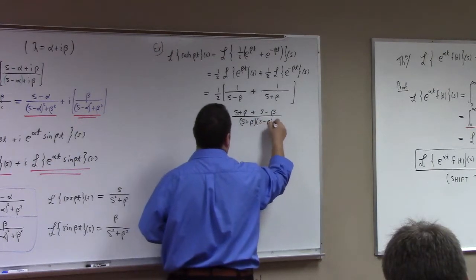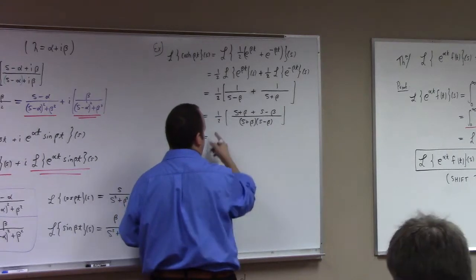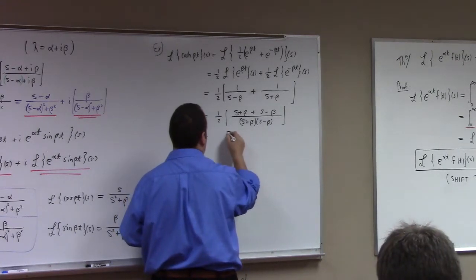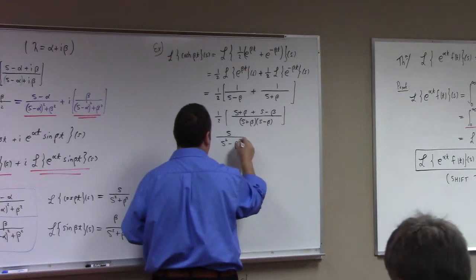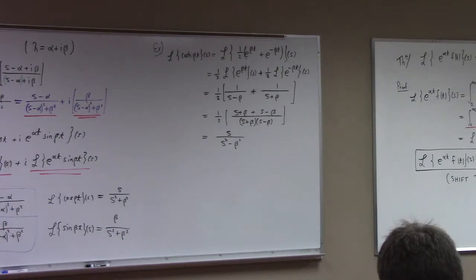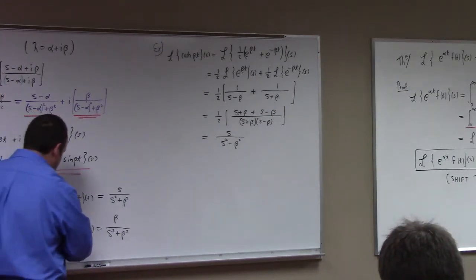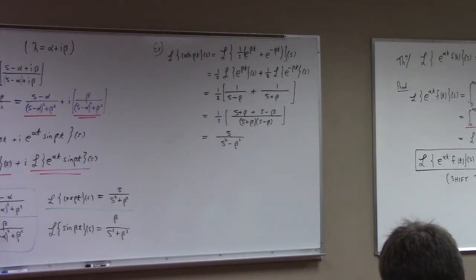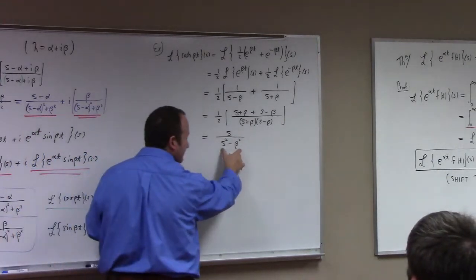So the betas cancel, then the 2s cancels with the half, leaving us just an s over s squared minus beta squared. Isn't that beautiful? Look at that. Laplace transform of cosine: s over s squared plus beta squared. Laplace transform of hyperbolic cosine: same thing, but with a minus.